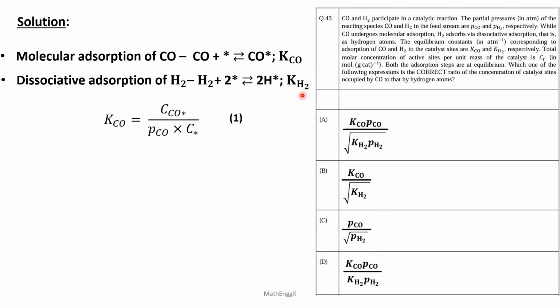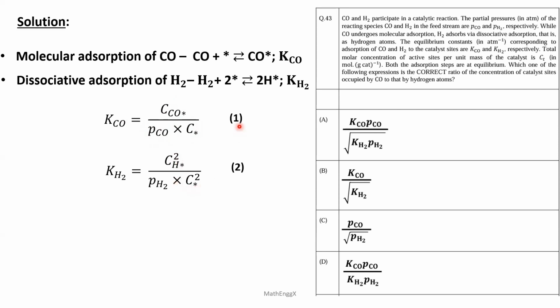Now, according to the definition of equilibrium constant, we can write KCO as CCO star divided by PCO into C star, which is basically the concentration of the product divided by the product of the concentration of the active site and the partial pressure of CO. Similarly, we can write the equilibrium constant for hydrogen as CH star square divided by PH2 into C star square.